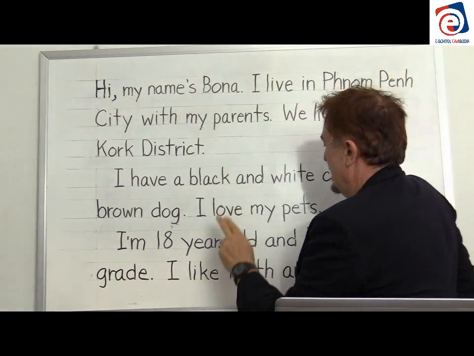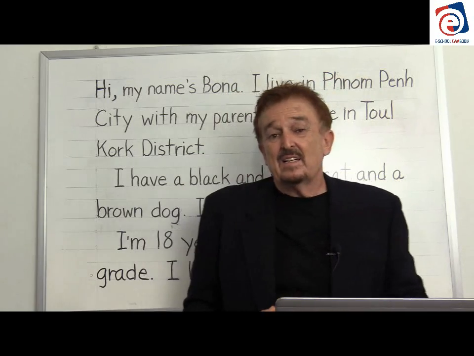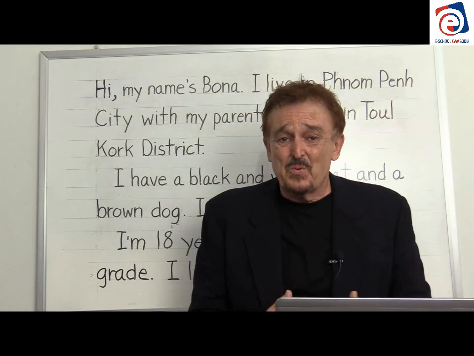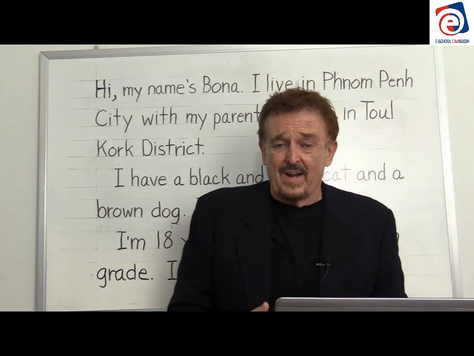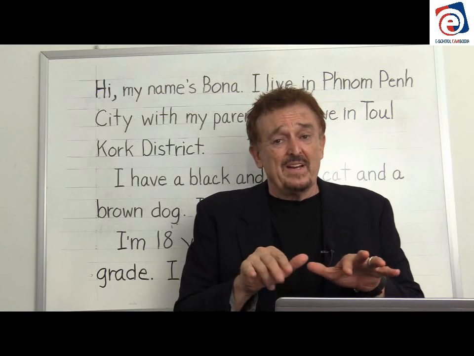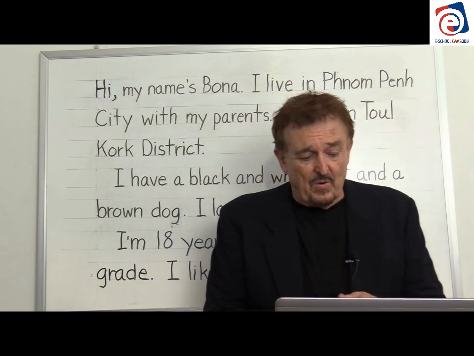You see that? Two spaces between every sentence. The reason we do this is to make English easy to read when we write a story or a report. You do the same thing when you're typing on the computer or you're typing on your phone.